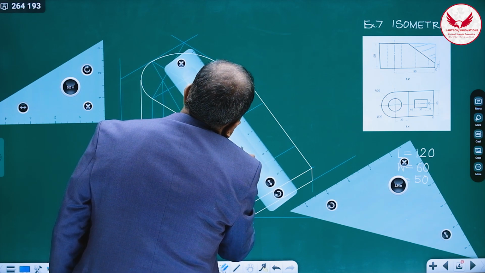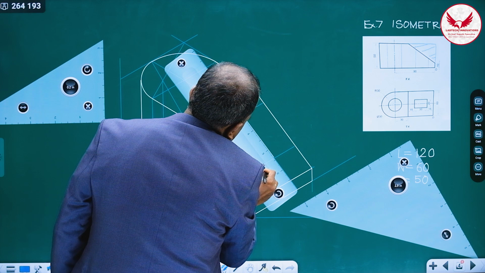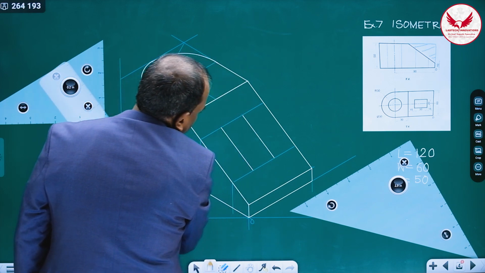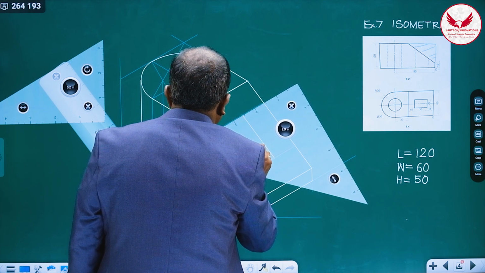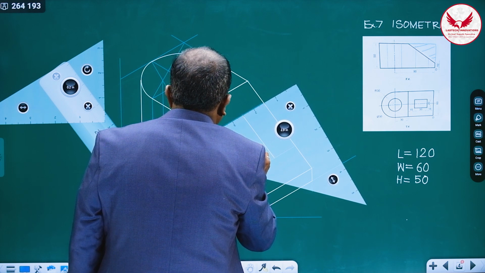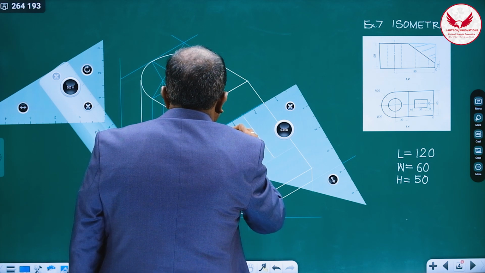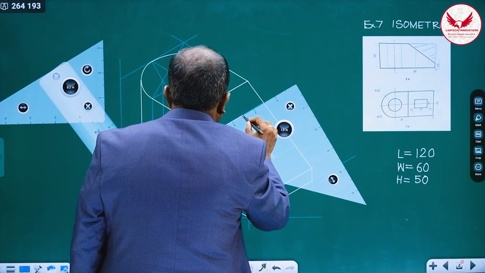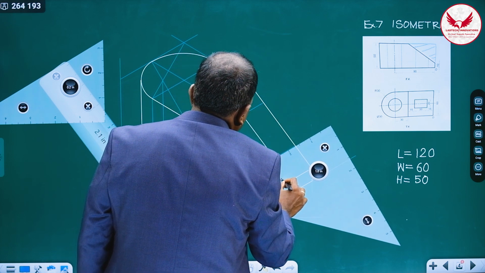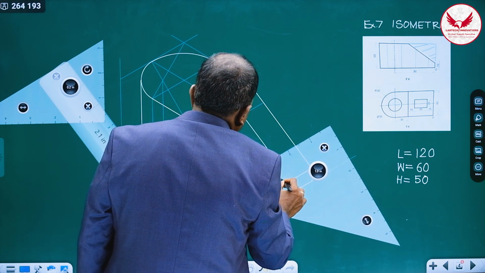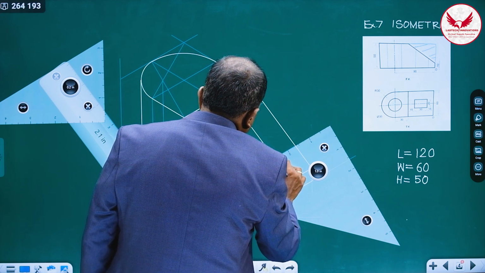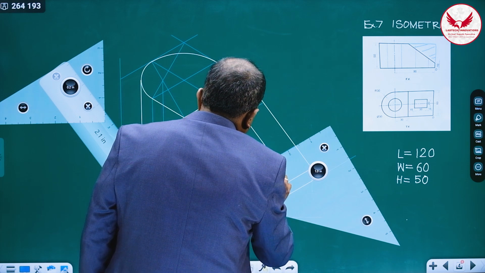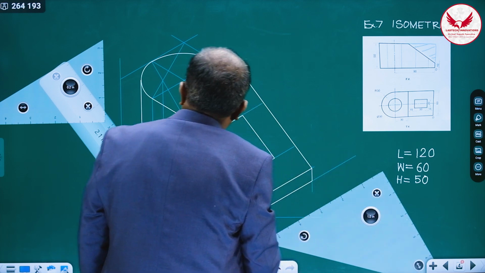We have to draw like this, and it is 20. So this you can either take by measurement or you can mark. It's 20. It is also 20. It is 20.